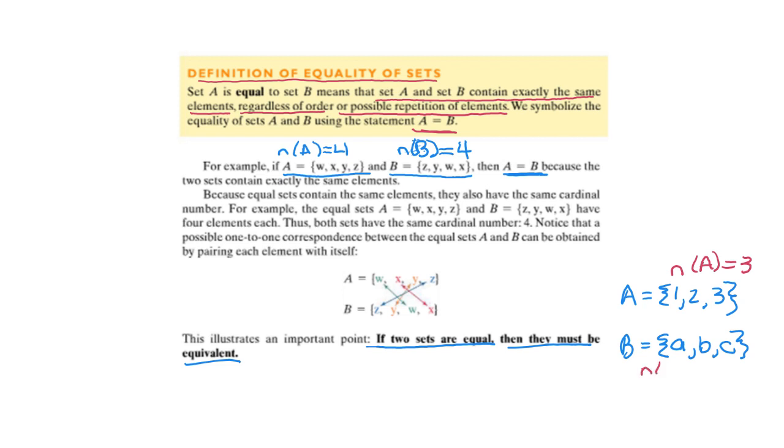The cardinality of set B is also 3. So in this case, these are considered equivalent sets, but not equal. They are not equal because they do not contain the exact same elements. So this is just another example for you to take a look at.